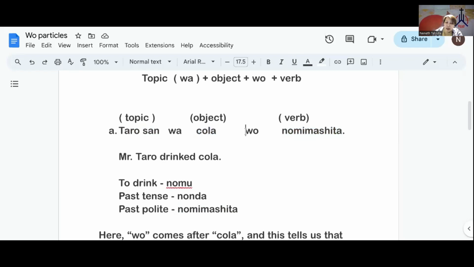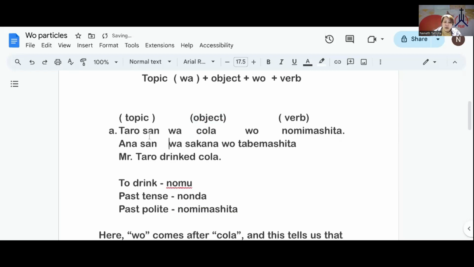That's why wo here tells or distinguishes what is the object. It can also be Taro-san wa kuki o tabemashita, or like what we had, Ana-san wa sakana wo tabemashita. It can also be the same.